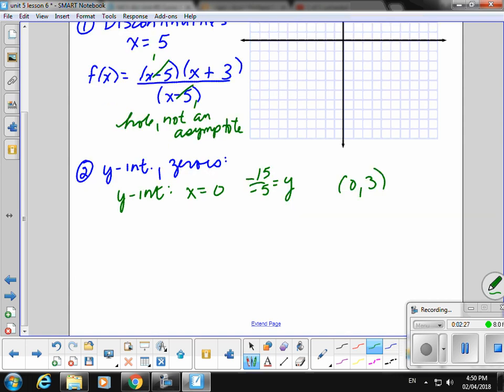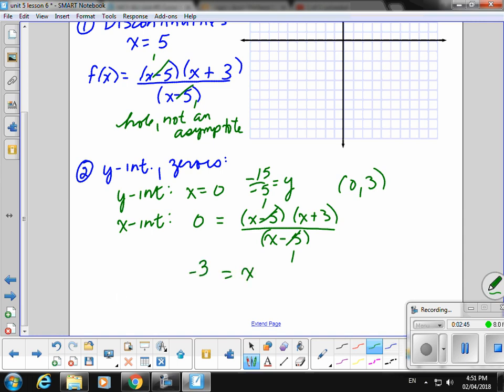For my x-intercepts, my function is 0, which we looked at already. That happens when x is negative 3. So for my x-intercept, I have the point negative 3, 0.